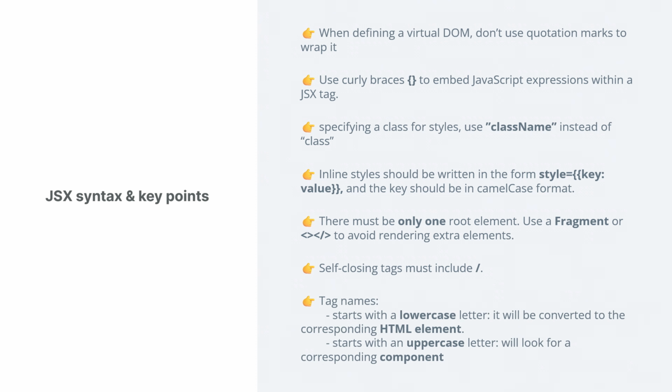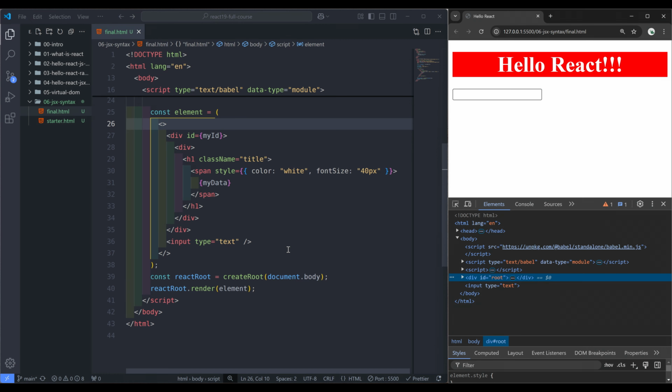Now, let's discuss the seventh point regarding tag names. If a tag starts with a lowercase letter, it would convert it to a corresponding HTML element. If there's no corresponding HTML element, an error will occur. What does this mean?